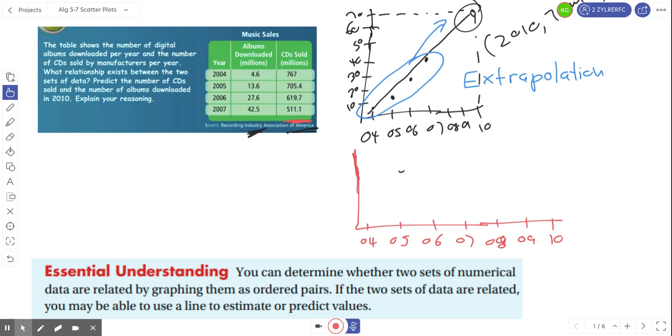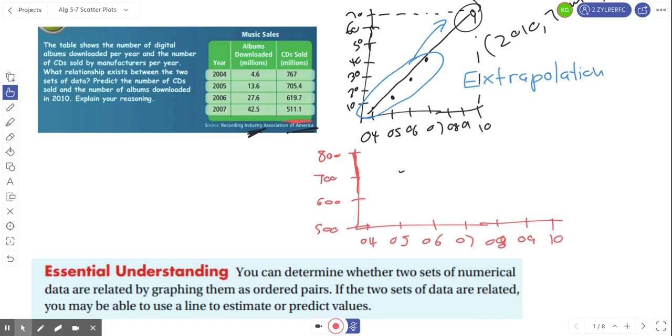But my values go from about 500. So I'll make this 500 all the way at the bottom. And they go up to, well, I could just go 500, 600, 700. That'll give me enough room for the data I have. I might need to extend it a little bit to get out here to 2010.